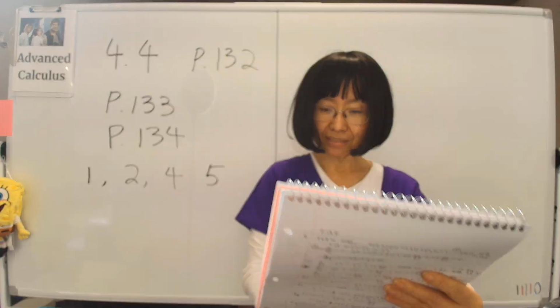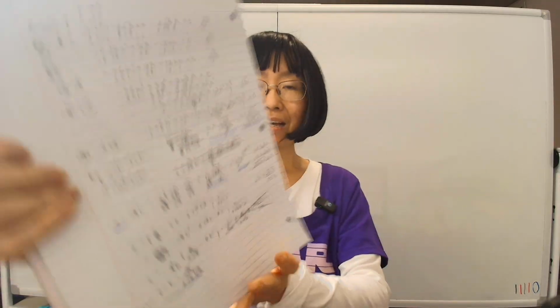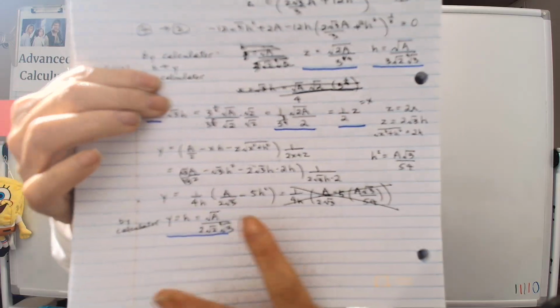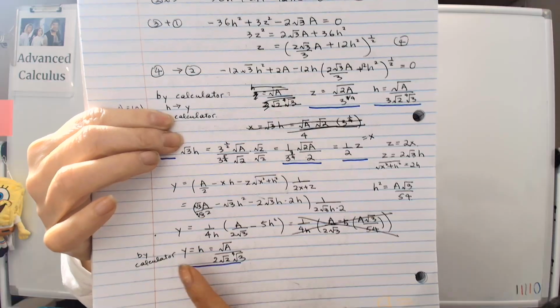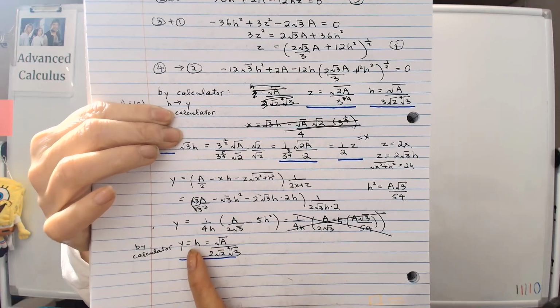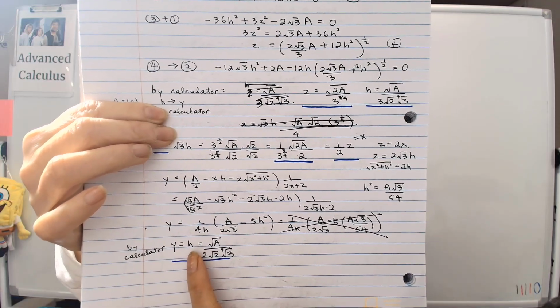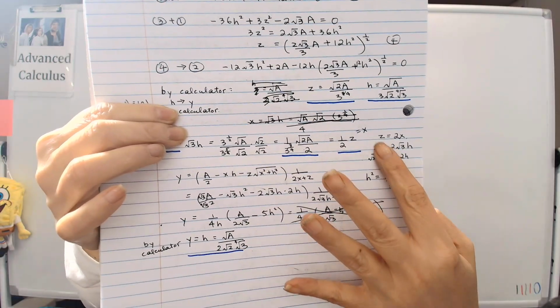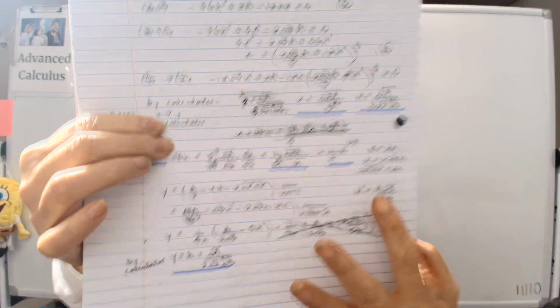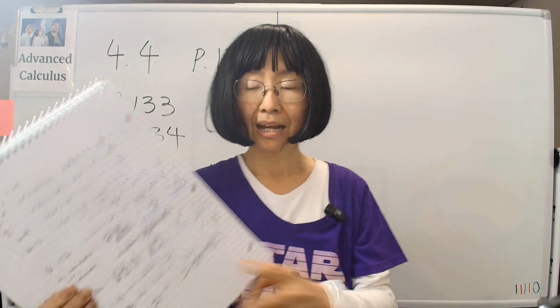And what is the answer? The answer is the y value equals h. The dimensions: the y value, which was the height of the rectangle, is equal to h. The x value is equal to z, and the other value is equal to 2x, which means the bottom is a square.